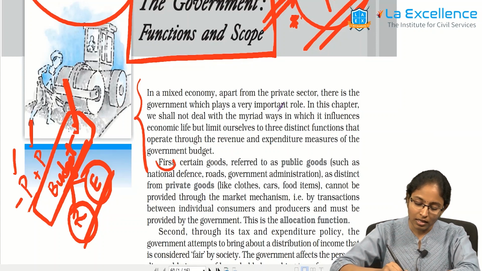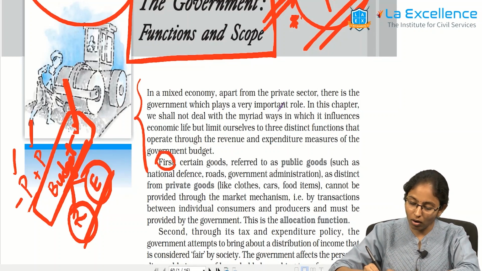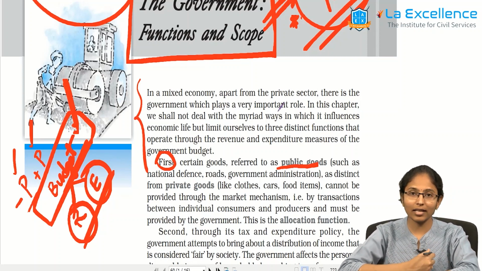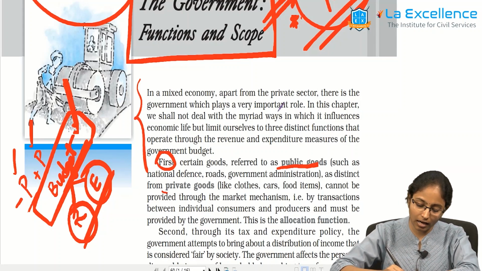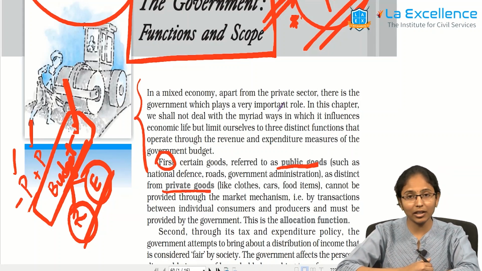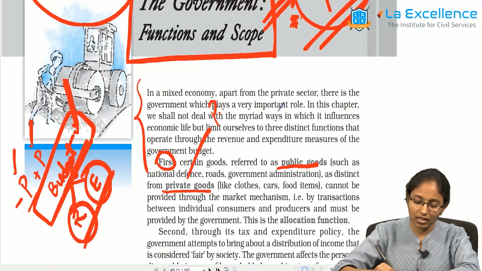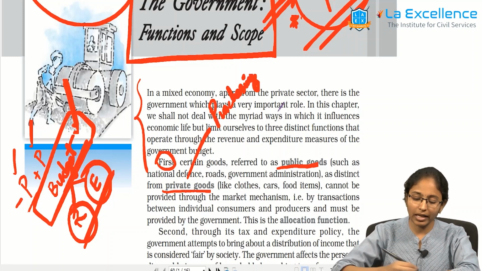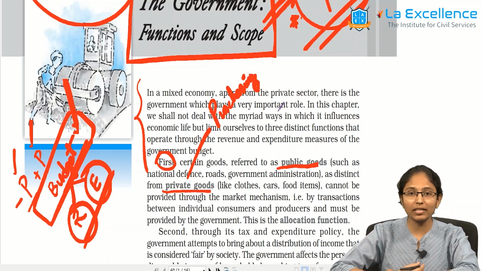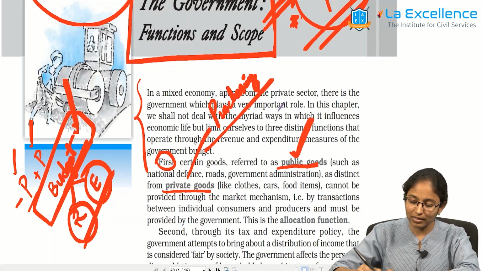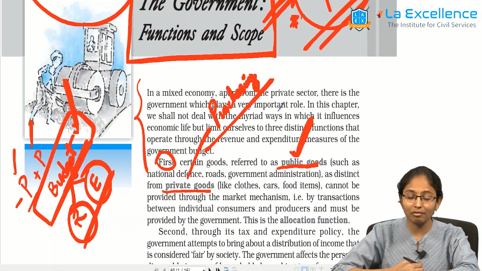First of all, there are certain goods which are called public goods, which means anyone can access those goods without any payment. And then there are other goods known as private goods, which can be accessed if you have the purchasing power. Public goods and public services can be accessed by anyone.